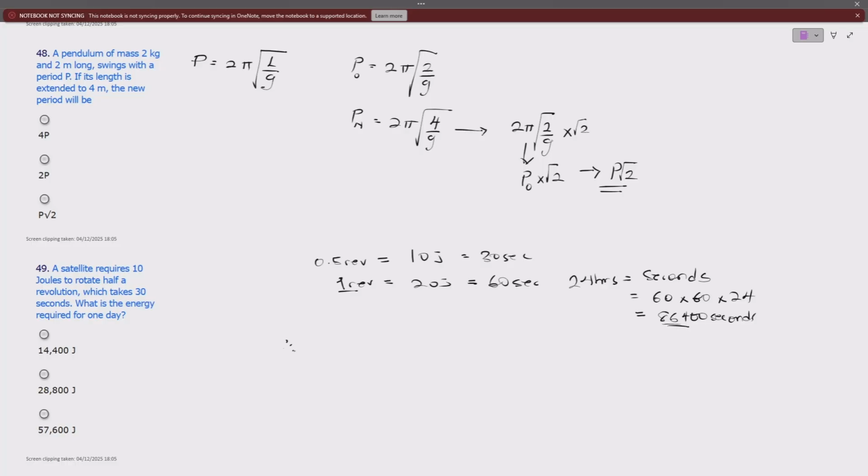So therefore, if 20 joules equals 60 seconds, 86,400 seconds will be 86,400 divided by 60 times 20. 60 divided by 20 is 3.